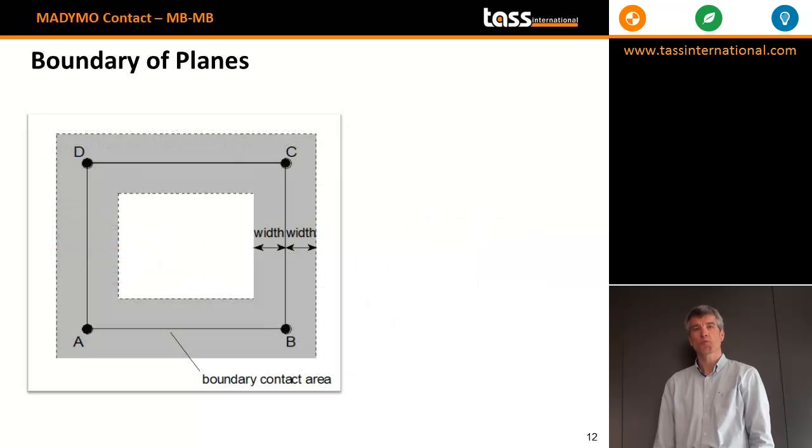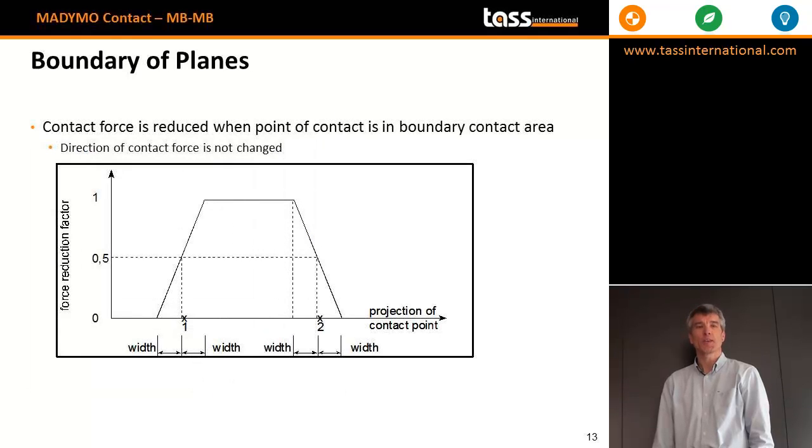Here you see how it's working in more detail. The points A, B, C, D are the endpoints of the plane itself. The width, that's the boundary width. And here you see it from the side. If it's inside, but not more than the width length, you get the full force. But then gradually the contact force is reduced if it's moving outward of the plane.